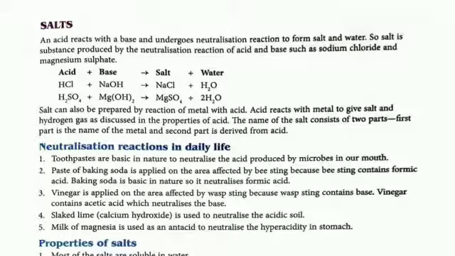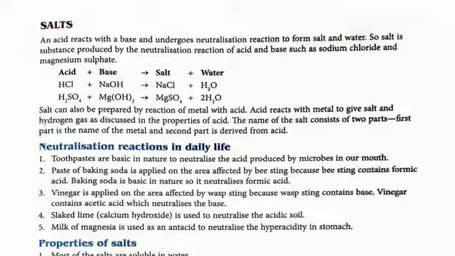We take one acid, HCl, and one base, NaOH. Now we know about acid and base, strong acid, strong base, weak acid, weak base. Here you see HCl, hydrochloric acid, is a strong acid, and this is also a strong base, NaOH, sodium hydroxide.